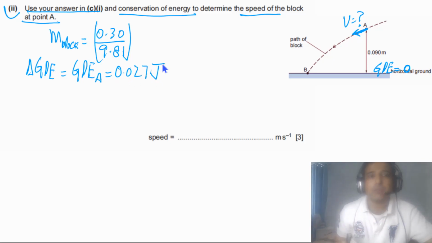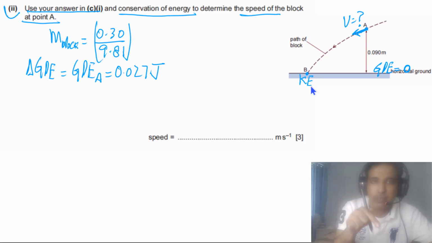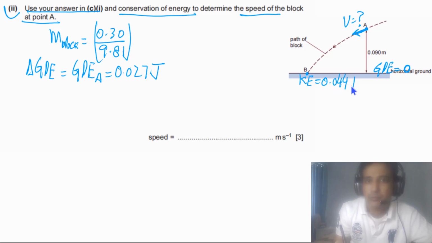So this is the value of GPE at this point. We also have the value of kinetic energy at point B, means when it is just going to hit the ground, at that point we have kinetic energy that is equal to 0.044 joules.